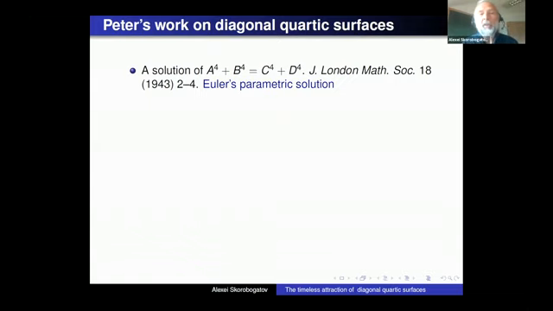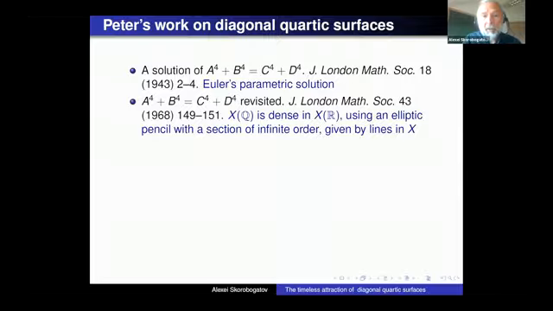It was submitted in 1942 when he was 15 and still at Eton. He was reading books about number theory and the history of number theory, and my understanding is that he found out about Euler's parametric solution to this equation, and he deduced the solution himself, and probably this is how this paper appeared.